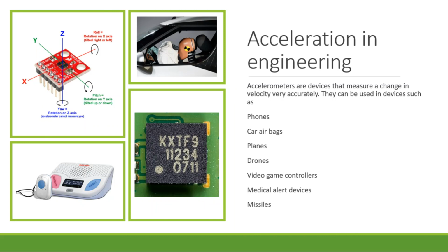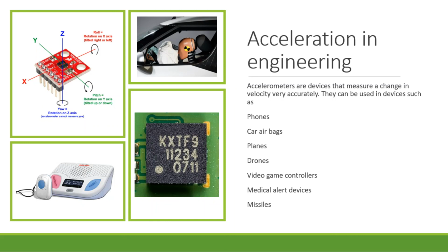So it's really good if you place these things in phones. All modern phones have them, so it allows you to tell which way you're holding your phone. In car airbags, where they were first introduced, if you were to crash into a wall, you could sense that crash as a sharp change in velocity.